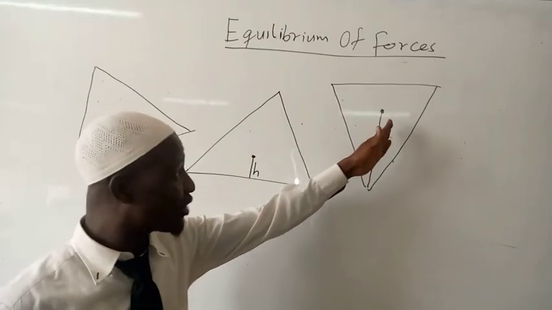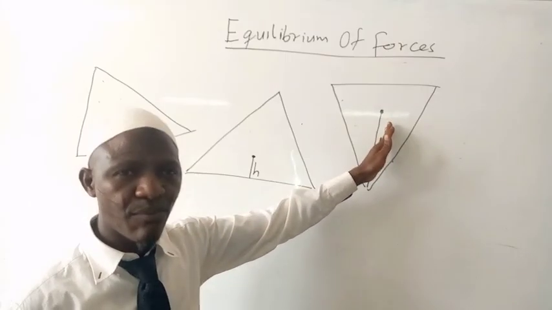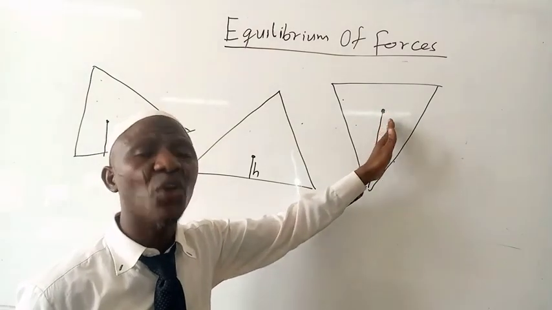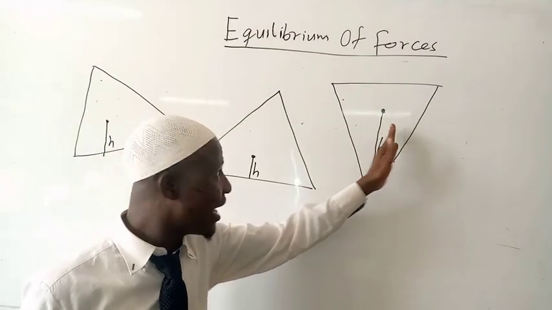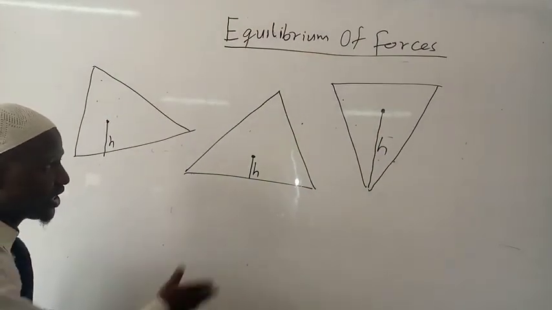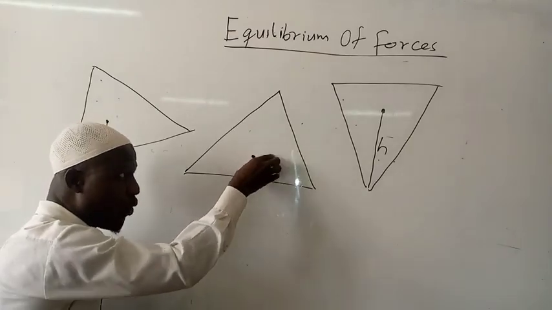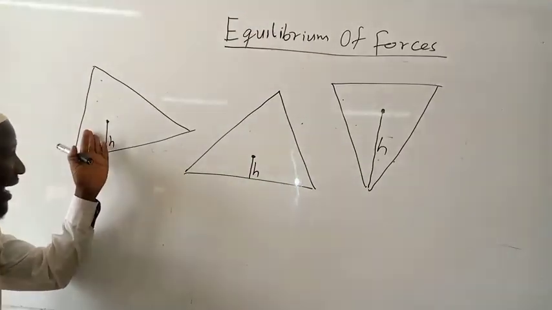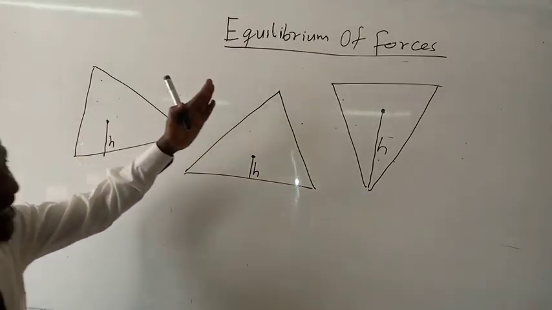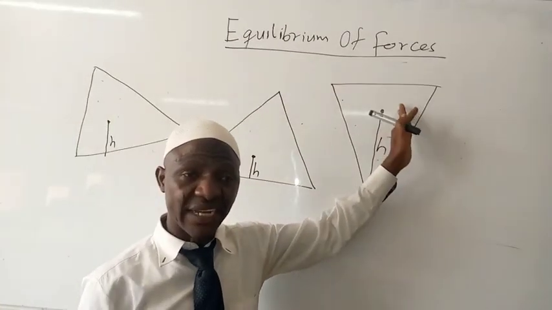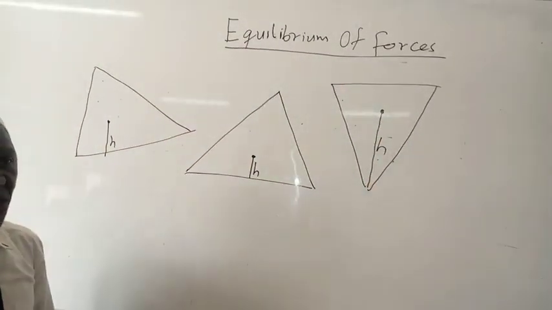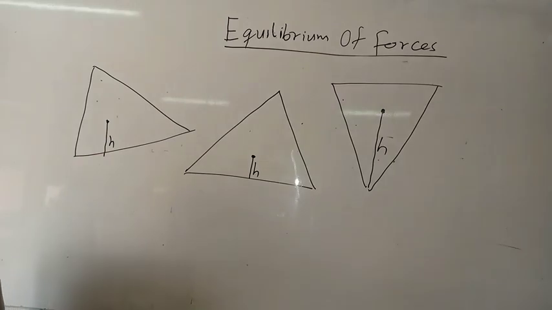This one has the highest height and is the most unstable body of the three. This one is the lowest and the most stable one. This one is next. So the higher the center of gravity of the body to the ground, the lesser the stability of the body.